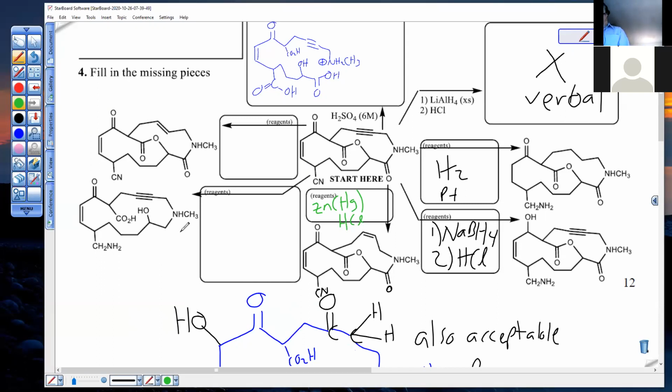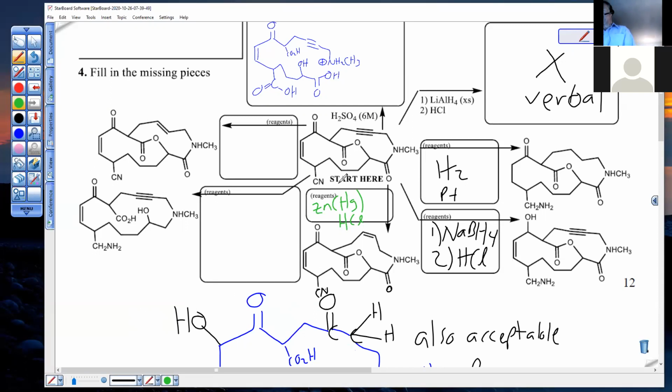Now this one down here reduced all the carbonyls except for the one that's the easiest carbonyl to reduce. Aha! How do you do that? What did I just say? I was trying to tell you that using lithium aluminum hydride and HCl, the first thing that reacted there was the ketone. Then the derivatives.